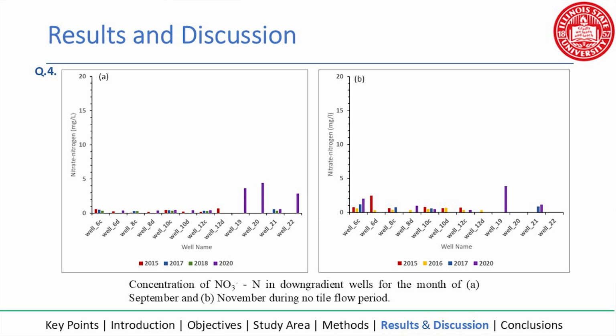And part of the aspect of her work was ensuring that there was no tile flow. So we were looking at, in this case, September and November, because we wanted to ensure that we weren't seeing the effects of the tile introducing nitrogen during the period. We wanted to see a period where the system was kind of back to its steady state or equilibrium. There were some years, though, in which the tile saw some flow because of heavy rains, and so that's why they are missing from the graph.